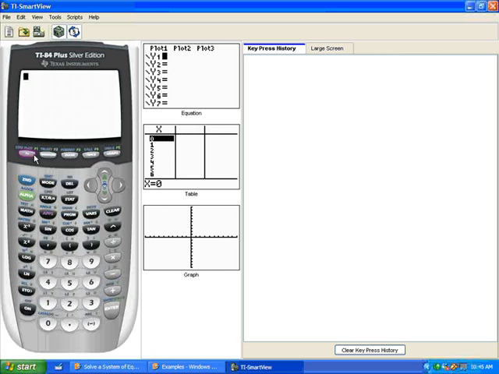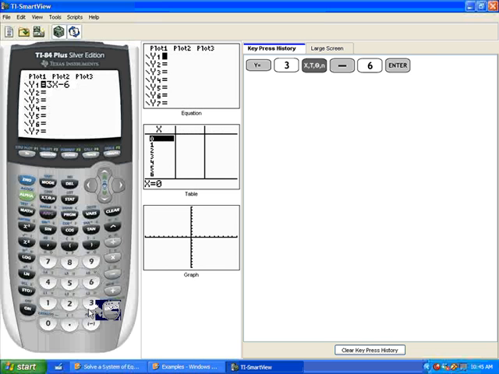We're going to hit the Y= button and type in our two equations. Type in the 3x minus 6, hit enter. Type in the negative x plus 6, hit enter.